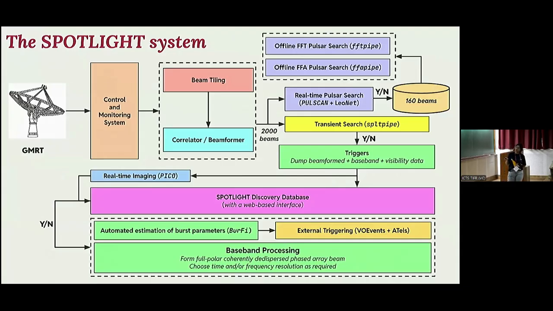After the discovery database, it automatically estimates parameters, and if required, it sends triggers through VO events and ATels. All of this happens in real time, from the signal coming at GMRT to the trigger through VO event. Everything is happening in real time, but the baseband processing and the high time resolution study happen offline.